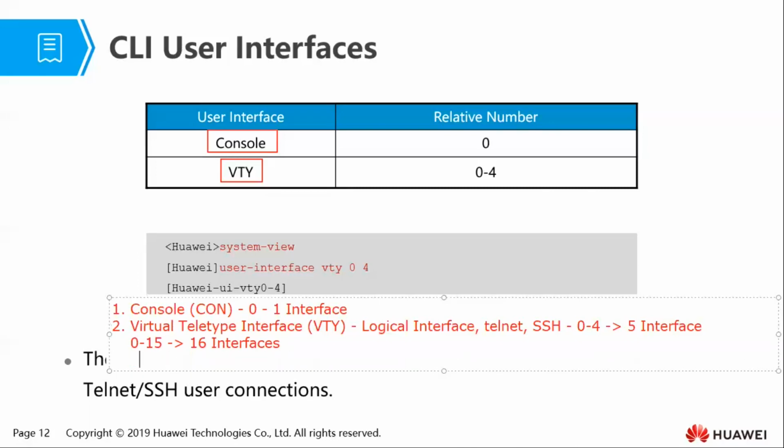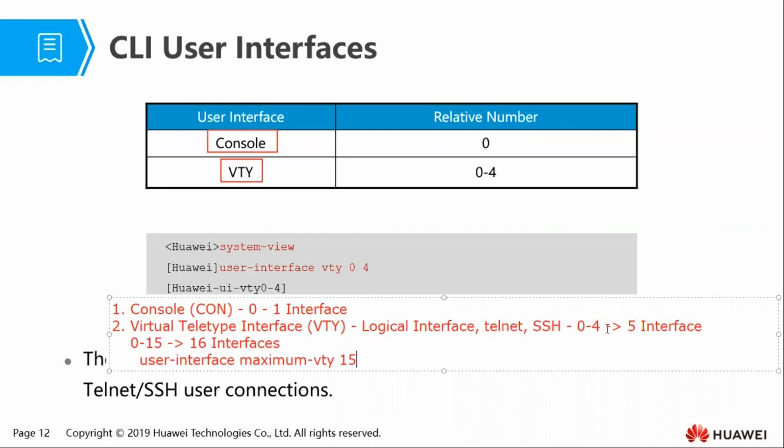In order to do that, you need to use a command called user-interface maximum VTY 15. It will increase the number of interfaces from 5 to 16. So that's the command.